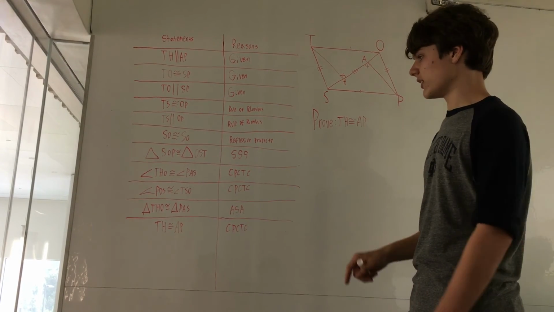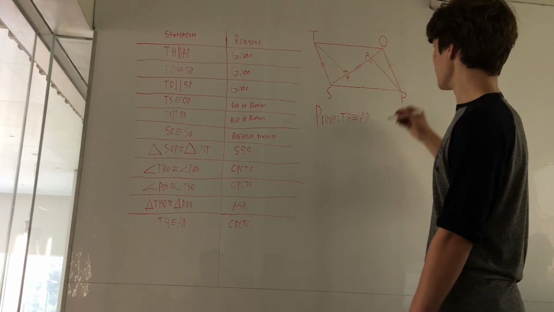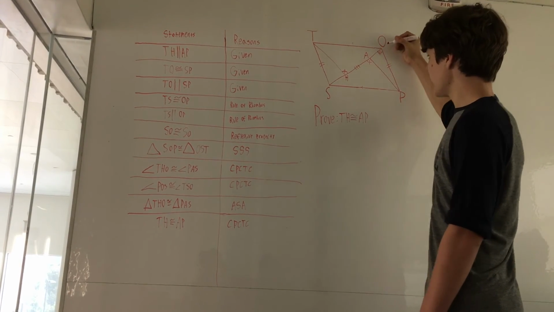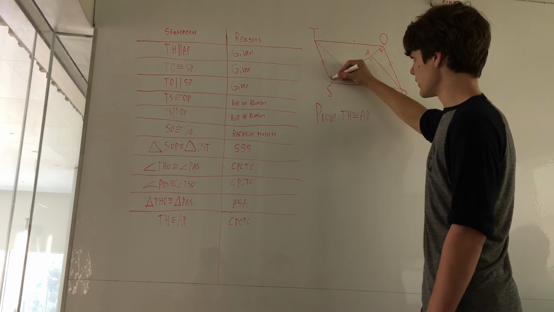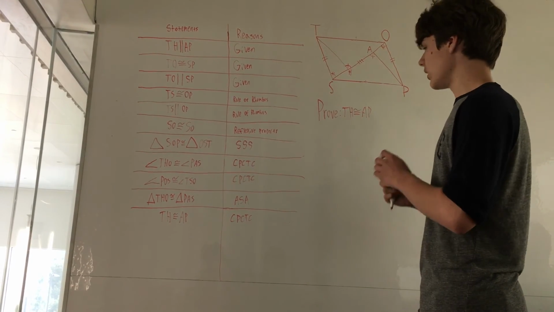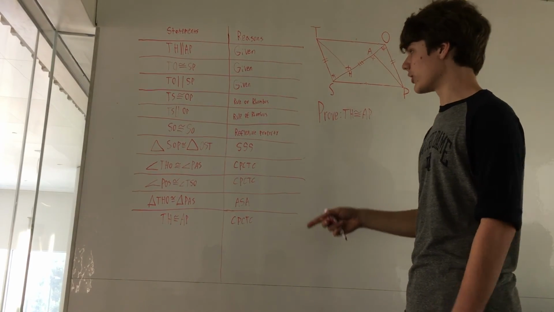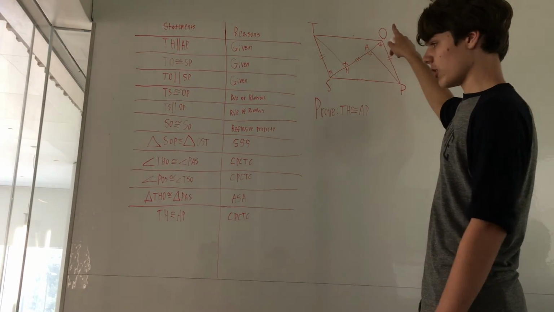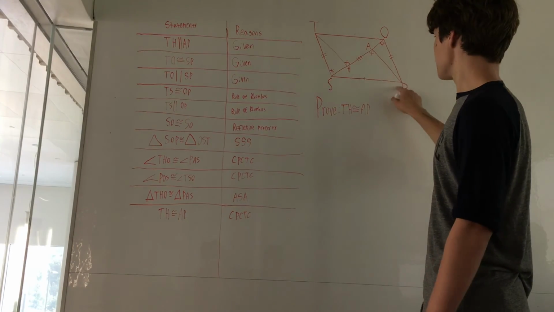And we can also say that angles POS, which is right here, and angles TSO, which is right here, are congruent. And that allows us to do angle side angle for triangle THO and PAS.